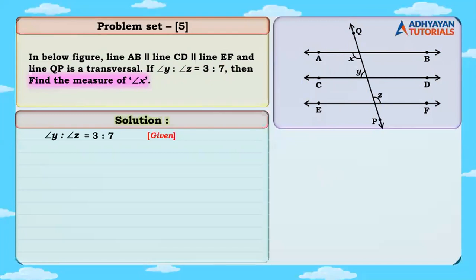Now children, in order to find X, we'll have to use the given information. And there are 2 given pieces of information in the sum. One, that the lines are parallel. Other, Y is to Z is 3 is to 7, right? So I'll start with the ratio first, and I'll talk about the parallel lines later on. Children, tell me one thing. Whenever we talk about ratios, be it algebra or geometry, what is the first thing that comes to our mind?